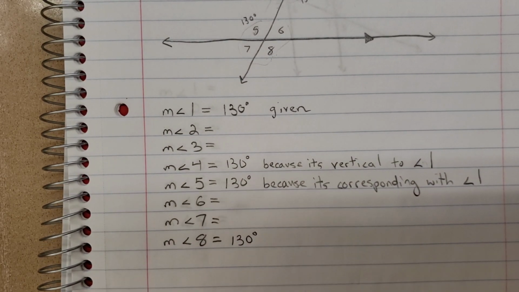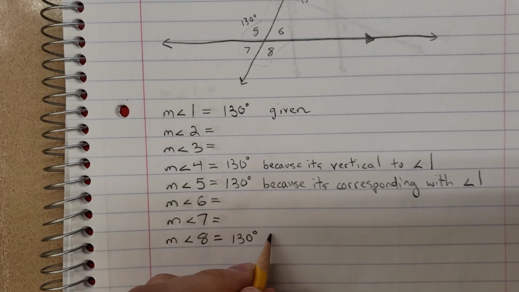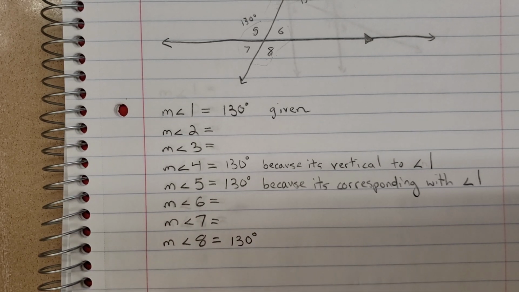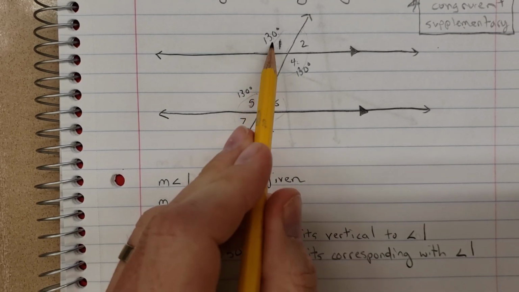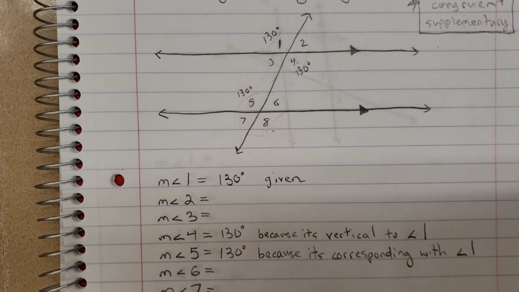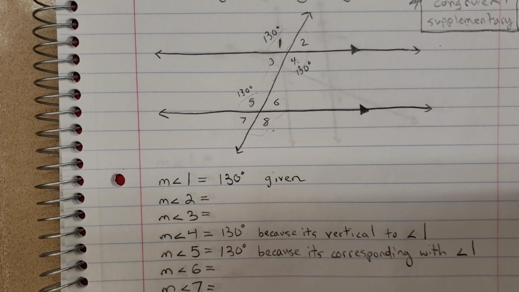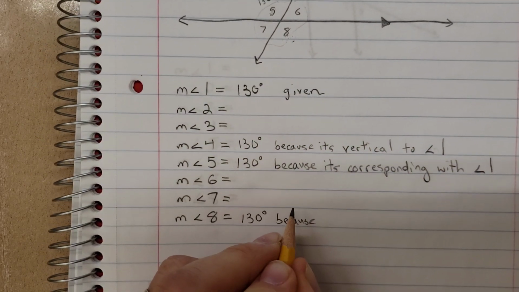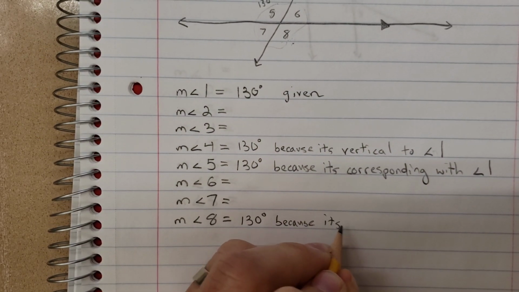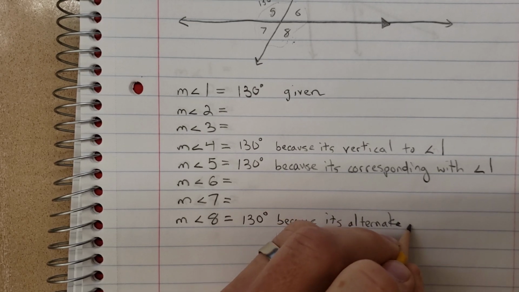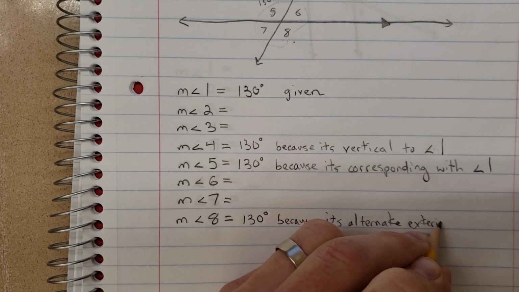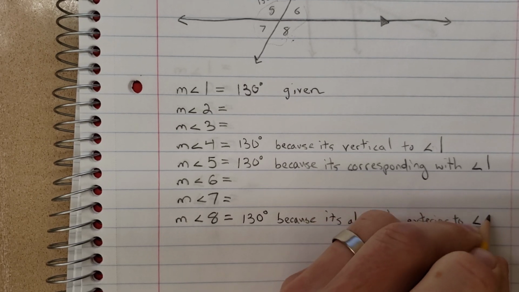130 degrees. Okay, I'm just going to say, because I want to be fancy, it's alternate exterior to angle 1.